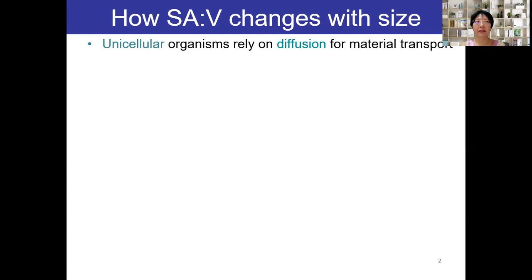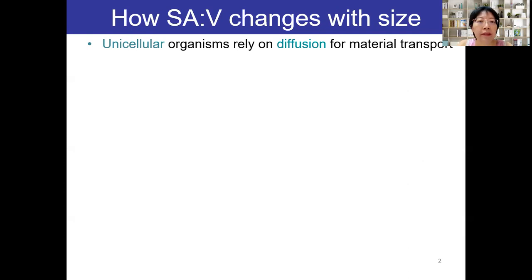Okay, good. So today we are focusing on the differences in surface area to volume ratio for the organism, whether it's unicellular or multicellular, and how that affects our ability to obtain materials from the external environment and to remove waste to the external environment.